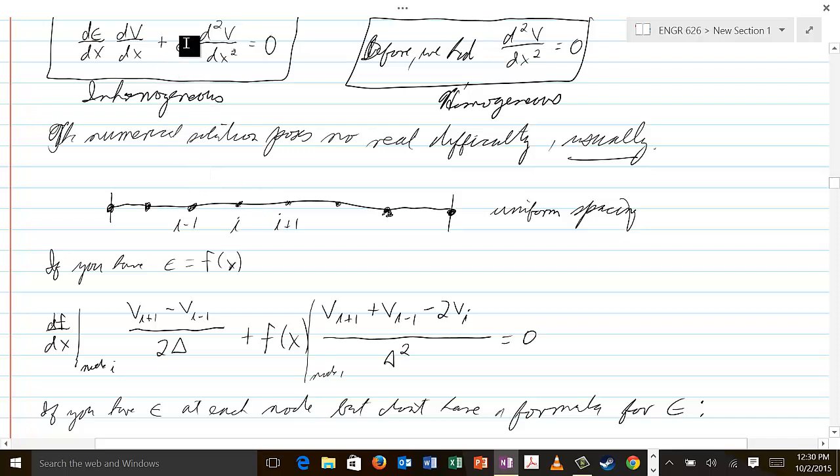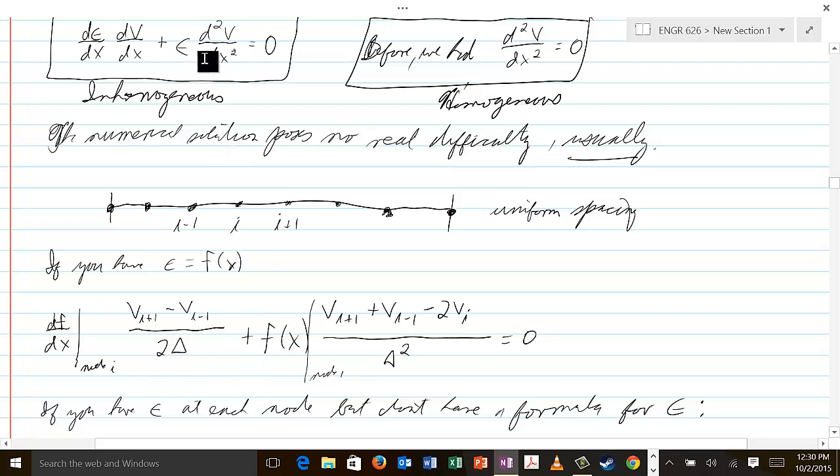Remember we're assuming that ε is a changing function, so let's give it a name, f(x). If ε is equal to f(x), then dε/dx would become df/dx at node i. And then dv/dx at node i we would have (v(i+1) − v(i−1))/(2Δ). This is our second order accurate finite difference formula for the first derivative.